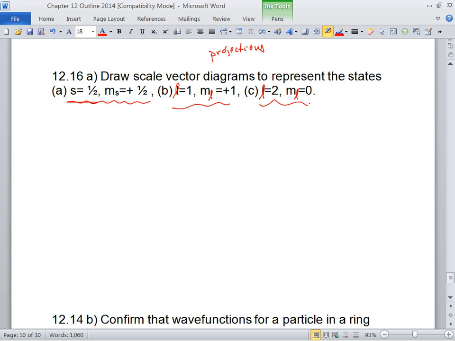You're going to have things like a half h bar. Just make it in terms of centimeters. That's how I did it. If I got my angular momentum to be 5.5 h bar, then I just made the length of my arrow 5.5 centimeters. That's somewhat to scale. Make sense? That's how I did those.